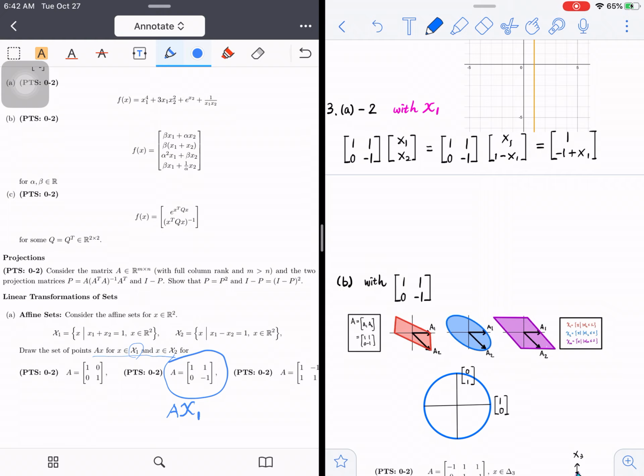The most intuitive way is that this is A times x. So this is Ax.